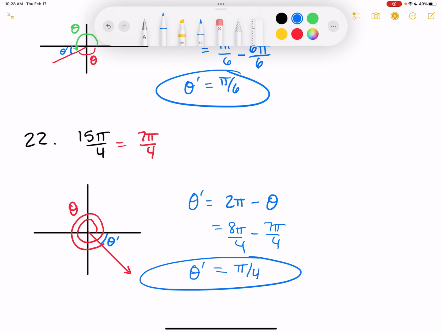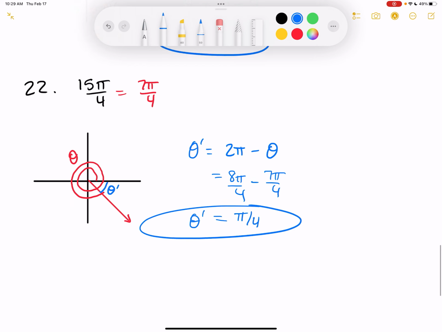You're done. You're out. Give us the hardest one. Let's do negative 4 pi over 3. Oh my gosh, no. Just because we also haven't done one in that quadrant, so that would be something beneficial to do.